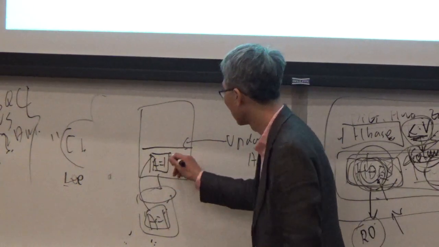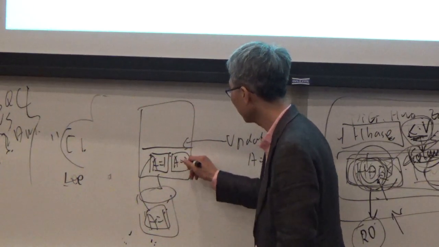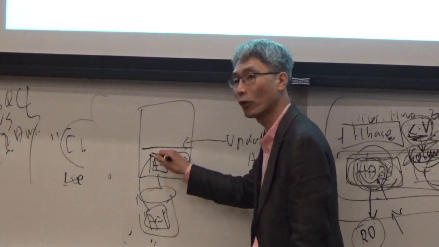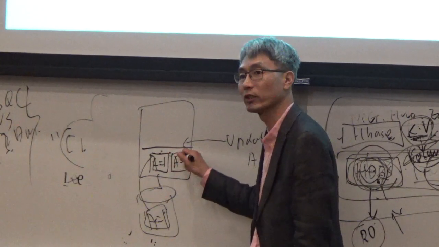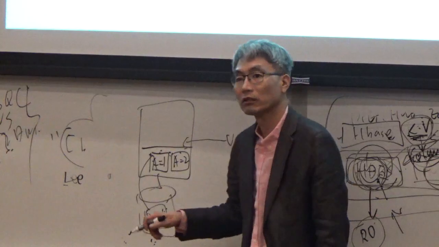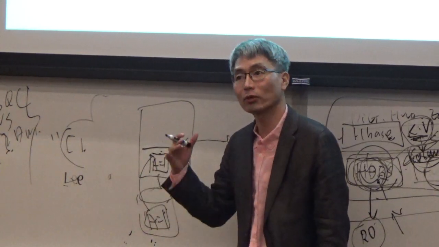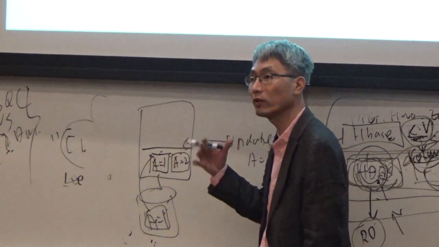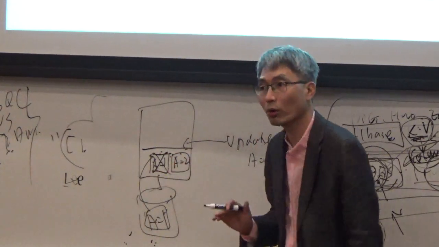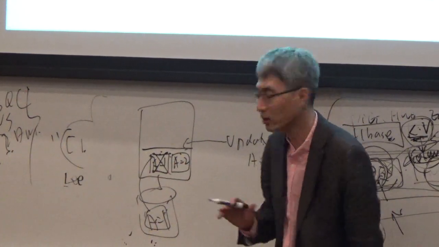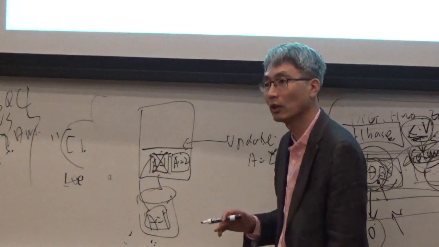Then update. This is the original before image. This is the after image. Okay? Then what is the end of a transaction? Commit. When you commit, you no longer need the before image. So A is equal to 2.